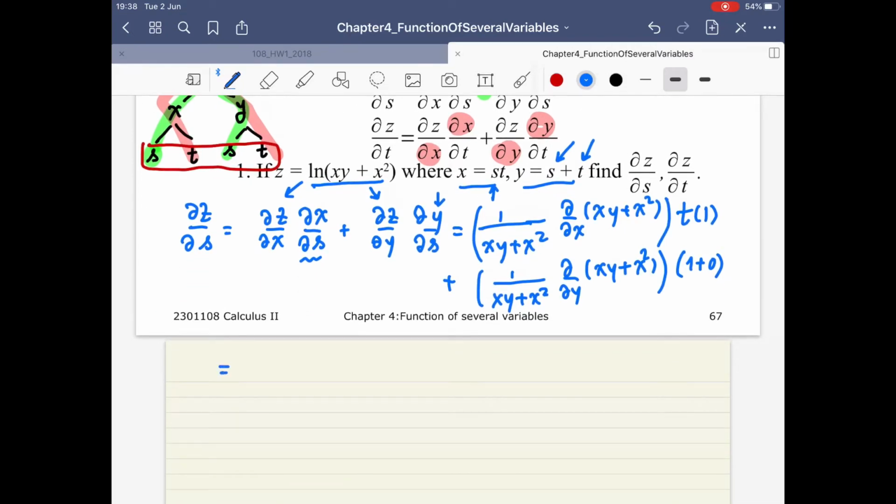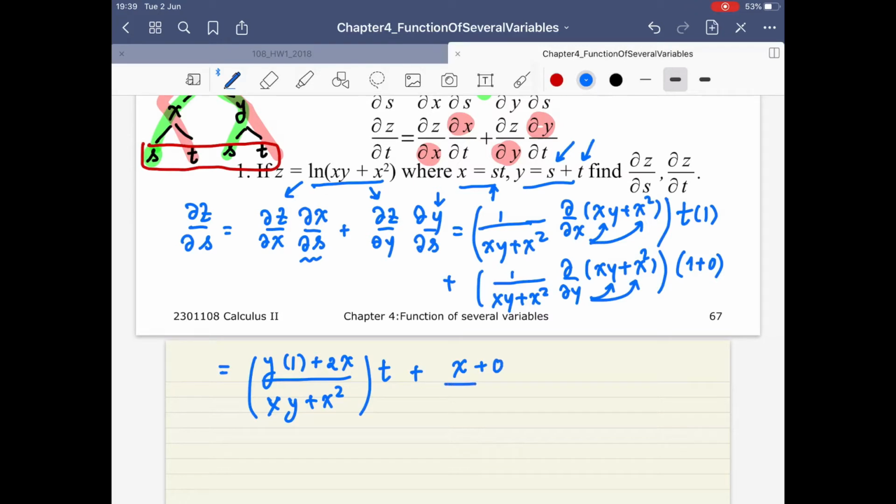And then you continue further to find a derivative with respect to x. Okay, so here the first term, you have y and 1 and 2x, right, for the second term with respect to x, and this is the one at the bottom, and then you multiply with t, and this one the derivative with respect to y, so that is x, right, and then this one will go to 0 because right now your y is a variable, and then a 1.